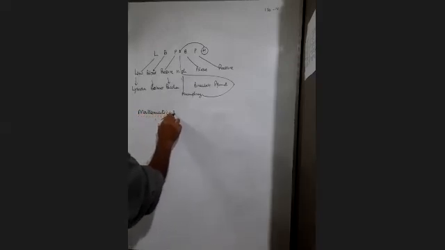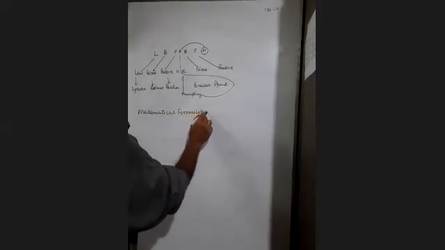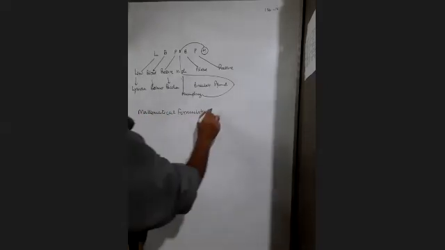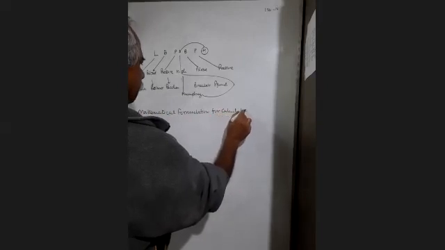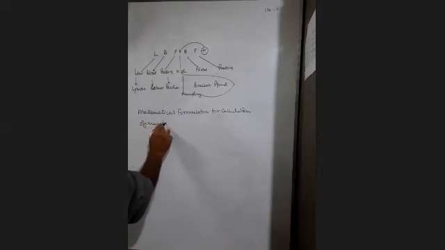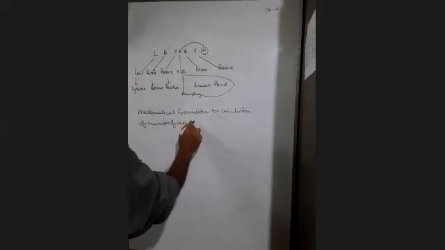So I'll write down here: mathematical formulation for calculation of number of lines in spectrum.